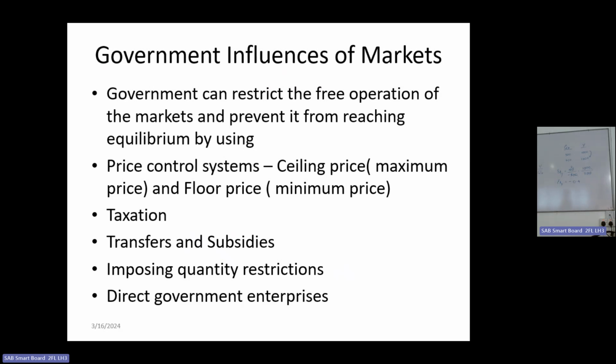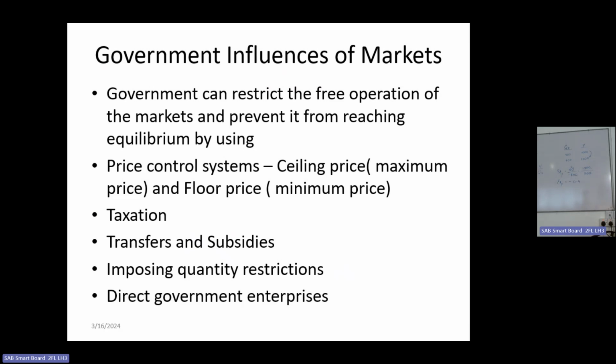Now here, something that we know is the different ways and means of government interventions, right? Last time also we discussed interventions on the government side: price controls, consumer price, and taxation, right?